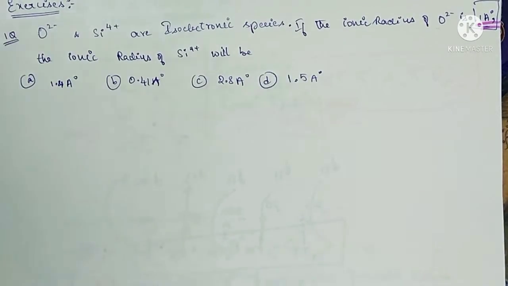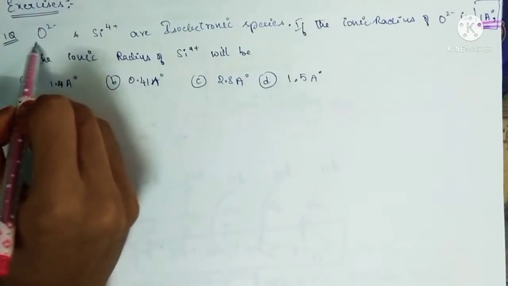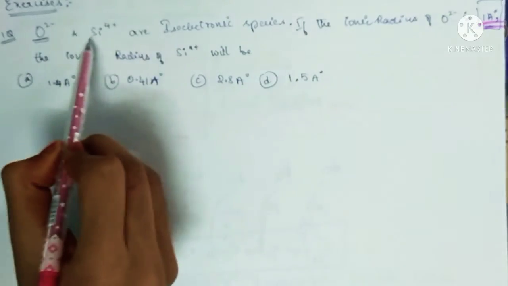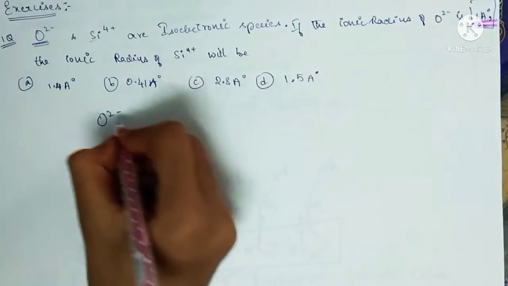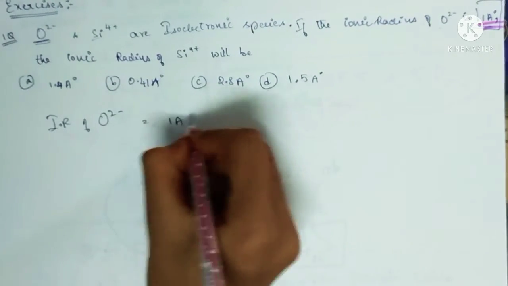So here in the isoelectronic species, the anion has a larger ionic radius compared to the cation. So the ionic radius of O2 minus is 1 angstrom.